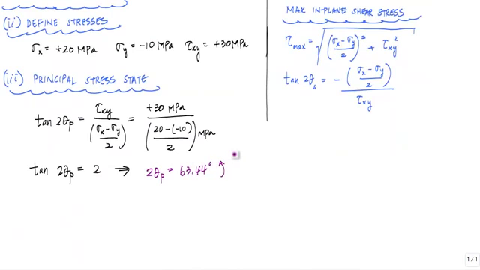Also, remember that plus 180 degrees from this is another angle that gives a correct solution, which would be 243.44 degrees, going counterclockwise. To get the angles actually associated with the principal stress, we divide these numbers by 2. The two possible answers for theta p are 31.72 degrees and 121.72 degrees, both going counterclockwise. So these are the angles associated with my principal stresses.